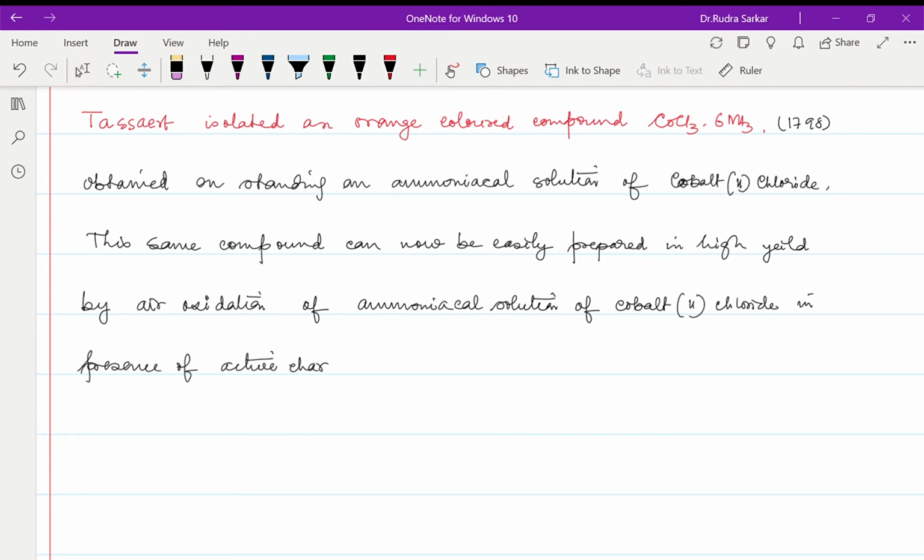So if you want to oxidize the cobalt 2 chloride which is present in ammoniacal solution, then one can use the active charcoal catalyst, and this can be achieved.